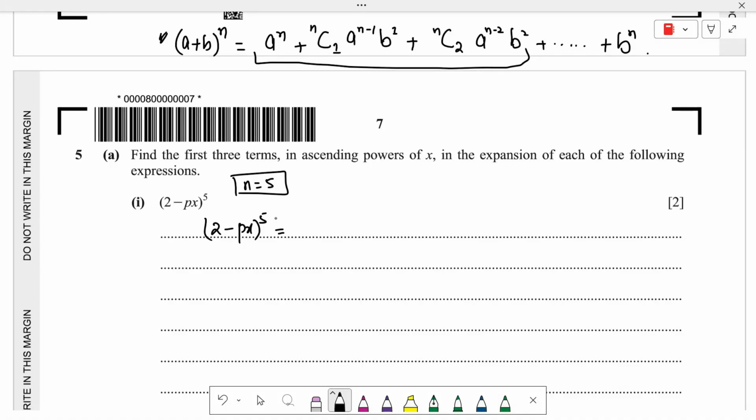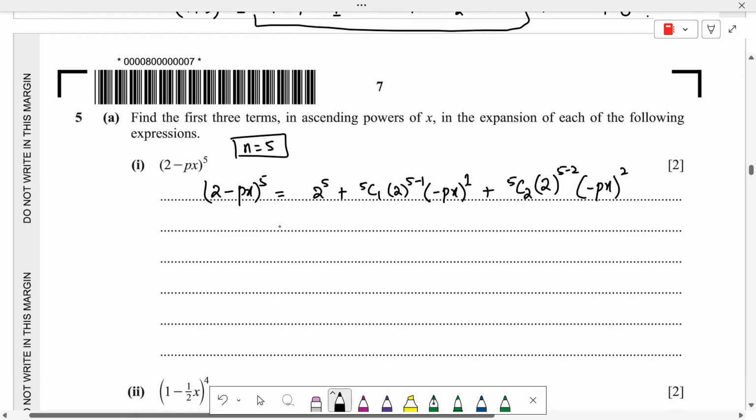So a, which is 2, to the power of n, which is 5, minus 5 combination 1, and a, which is 2, to the power of n minus 1, means 5 minus 1, and b, which is negative px to the power of 1, plus, sorry, this one should be plus, the third term, which is 5 combination 2, a to the power of 5 minus 2, which is 2 cubed, and b squared, which in this case is negative px squared.